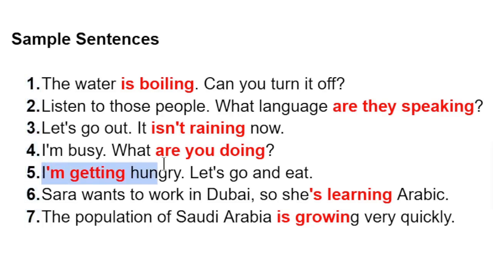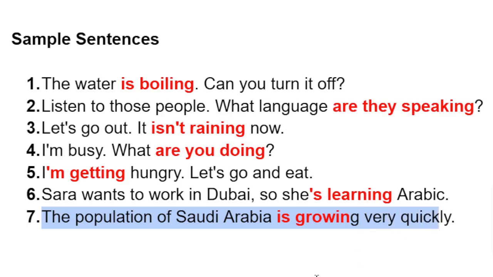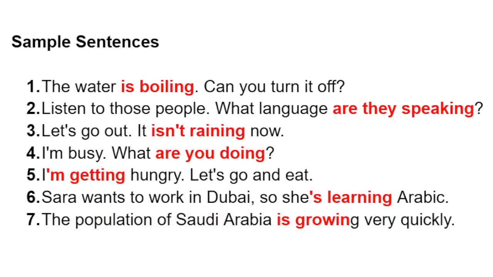Oh, I'm getting hungry. Let's go and eat. 6. Sarah wants to work in Dubai, so she's learning Arabic. 7. The population of Saudi Arabia is growing very quickly. The action in these sentences is happening right now or at the time of speaking.